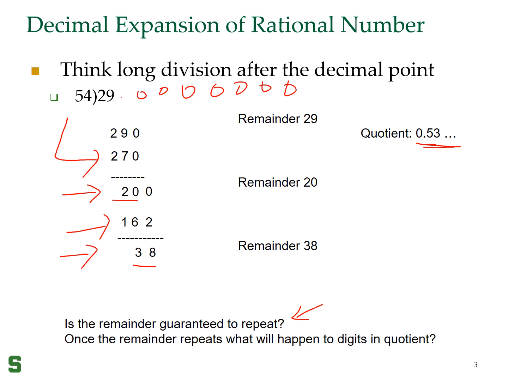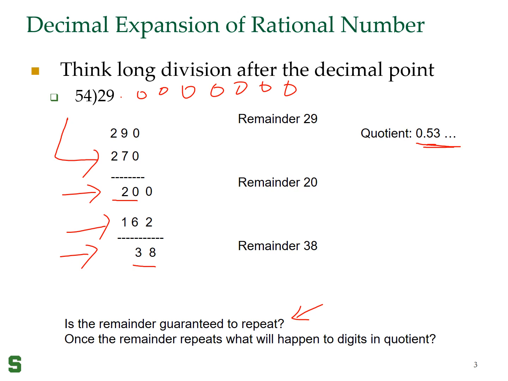And because the set S in our case is bigger than set T, where S is essentially the set of integers or some large number bigger than 54, and T is the set of remainders from 0 to 53, that means some remainder is going to repeat.